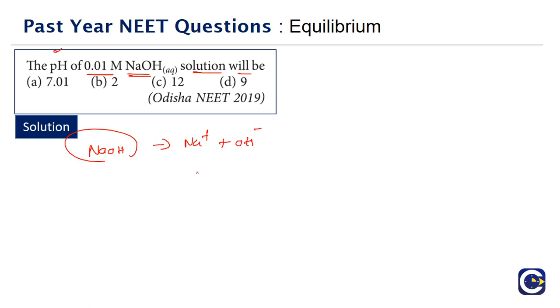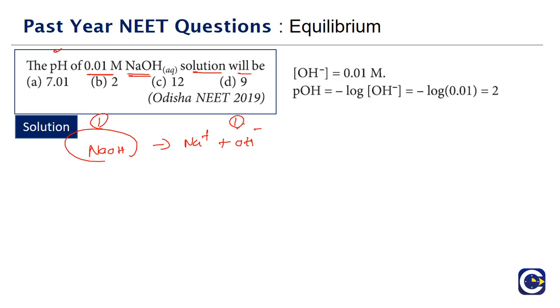Every one NaOH molecule gives one OH minus, so if 0.01 molar is the concentration of NaOH, the concentration of OH minus is also 0.01 molar.